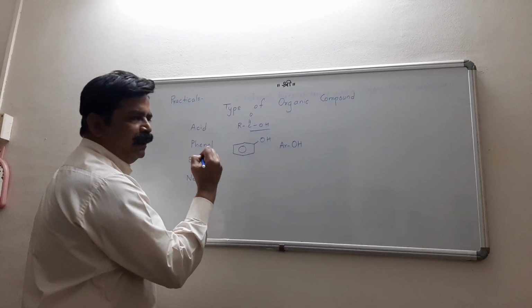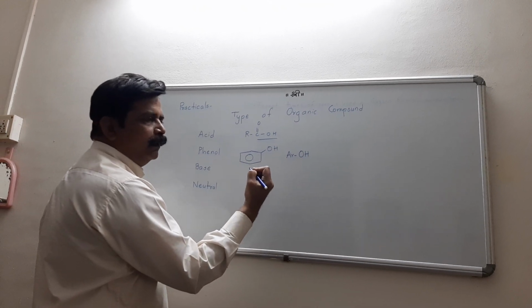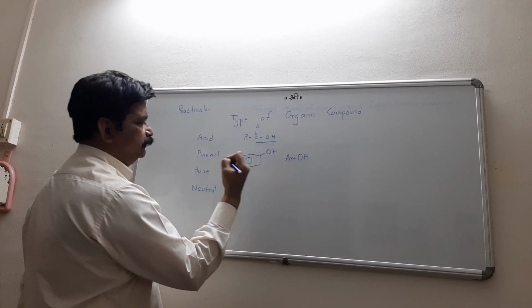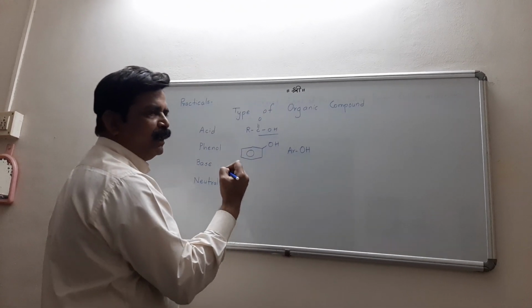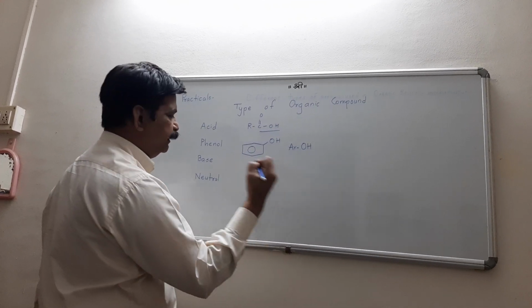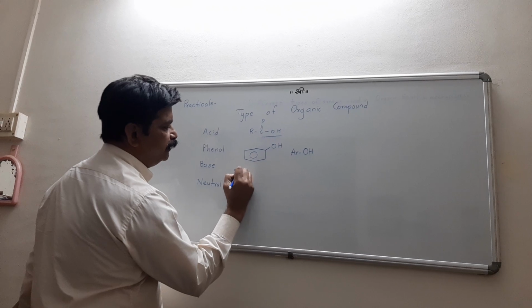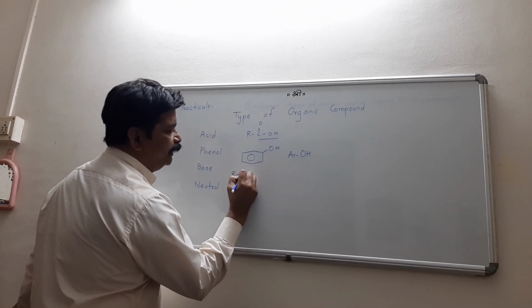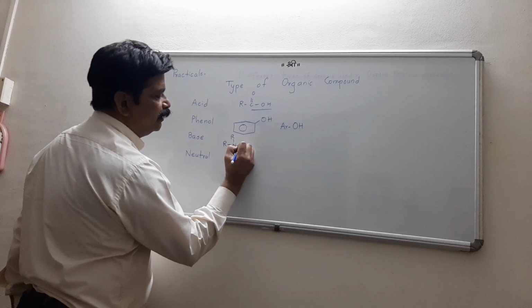Bases are either aromatic amines or aliphatic amines. They are further classified into primary, secondary, and tertiary amines. For the time being, I will write here a base as R2NH.